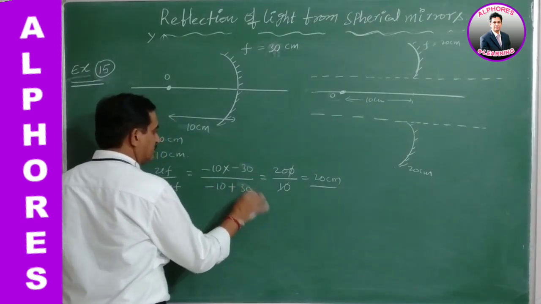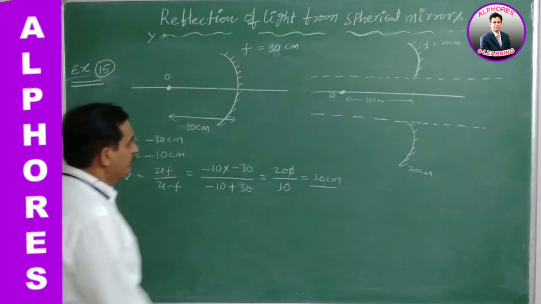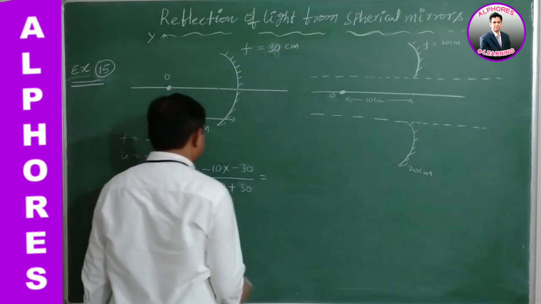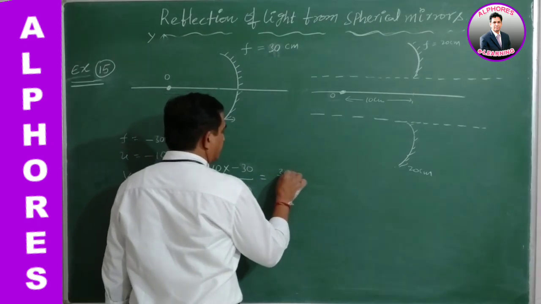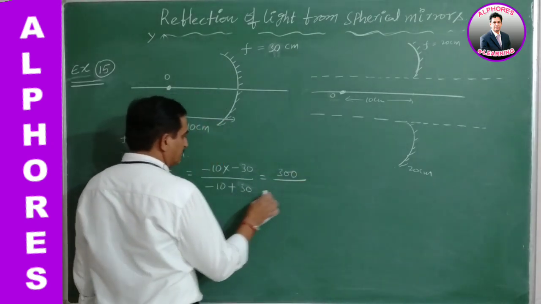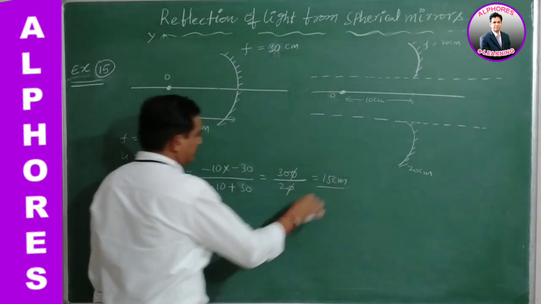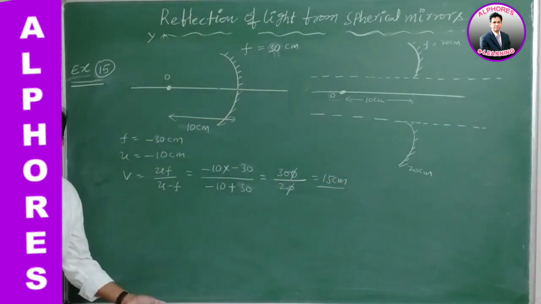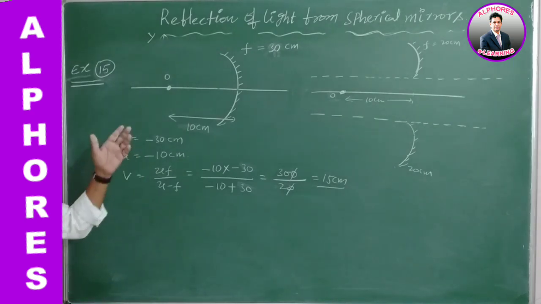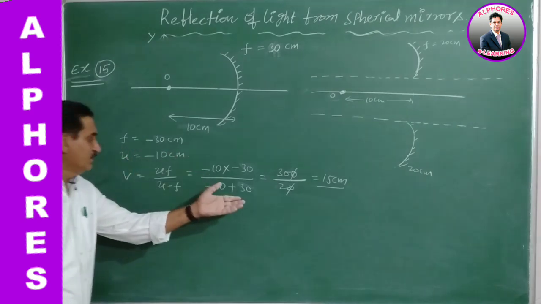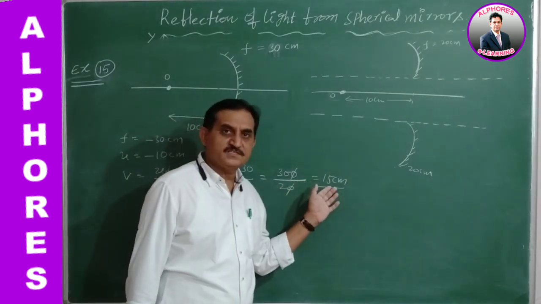Here 30. Now this becomes 300 by how much? 20. 15 centimeters. So earlier, nothing was wrong if you consider that the focal length is 20 centimeters, you get the final image distance as 10 centimeters.